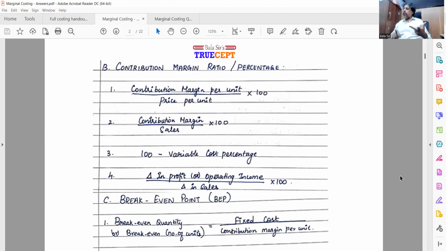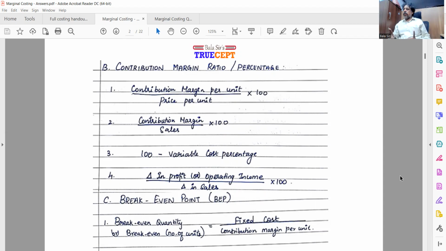That is why 100 minus variable cost percentage will give you the contribution margin percentage, also known as PV ratio. Remember, contribution margin ratio or percentage, also known as the PV ratio. It's all the same.